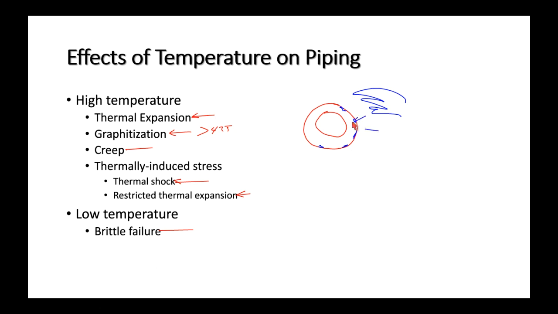Well, what do we get? We can get this pipe can actually shatter, or it can just develop cracks over a period of time due to thermal shock. And the opposite is true. I mean, maybe we get some really cold fluid unexpectedly going through a very hot pipe.